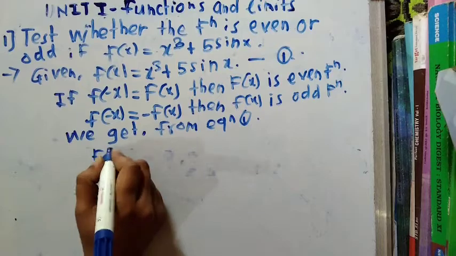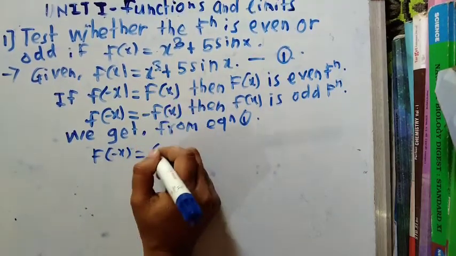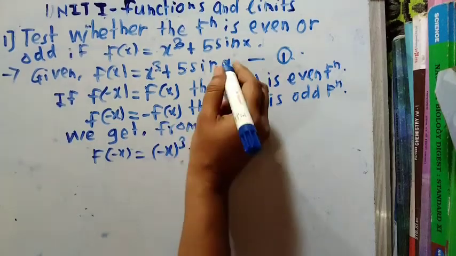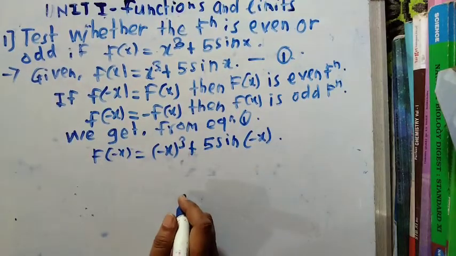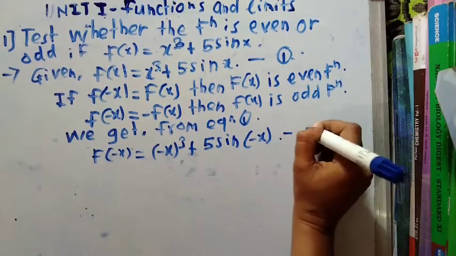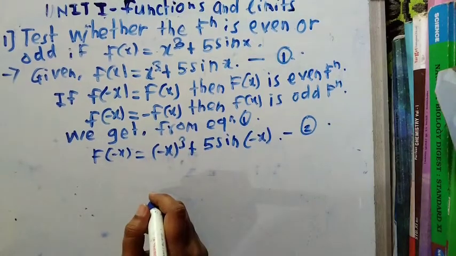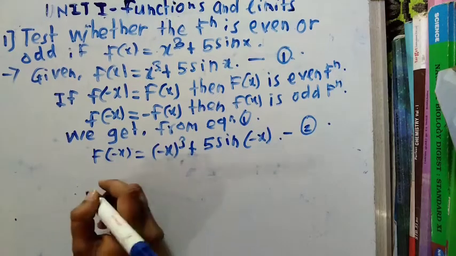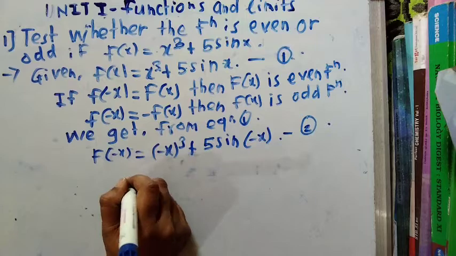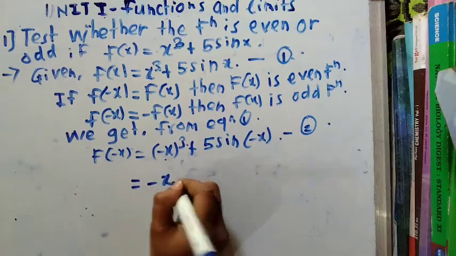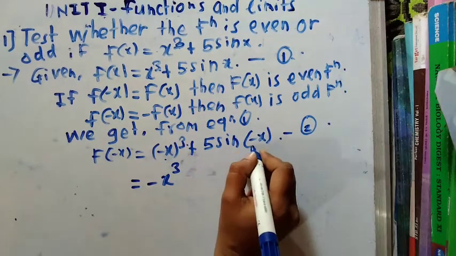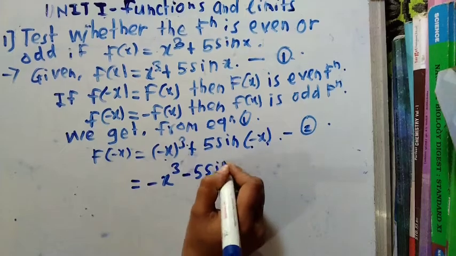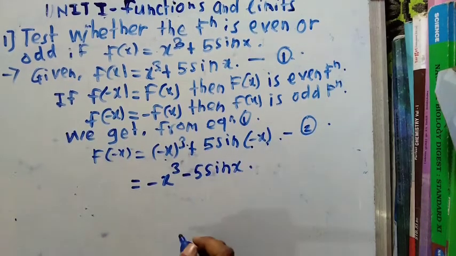f of minus x is equal to minus x cube plus 5 into sine of minus x. This is the second equation. Minus x cube stays minus x cube, and sine of minus theta is minus sine theta, so it means minus 5 into sine x.